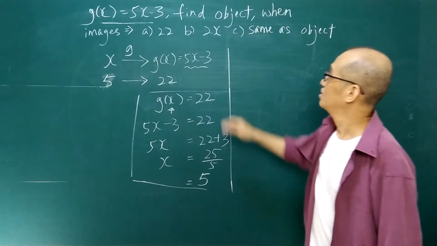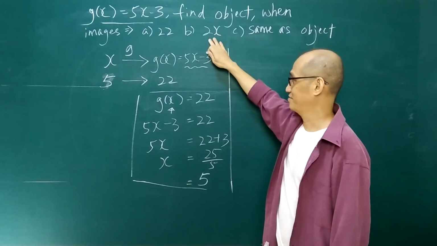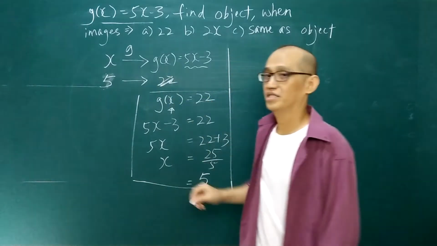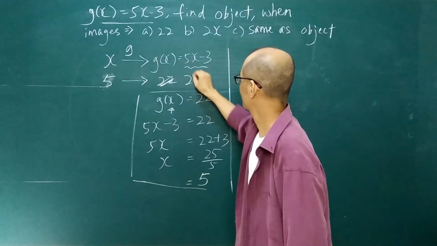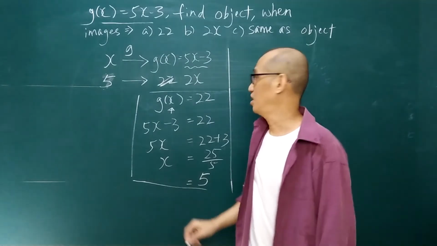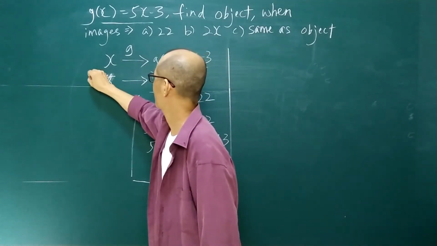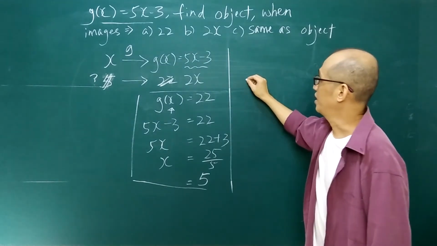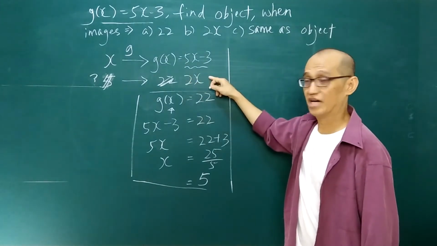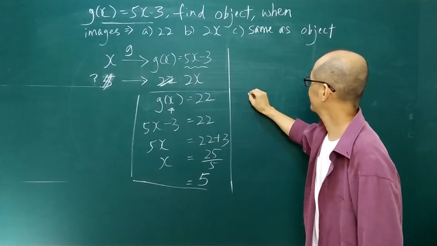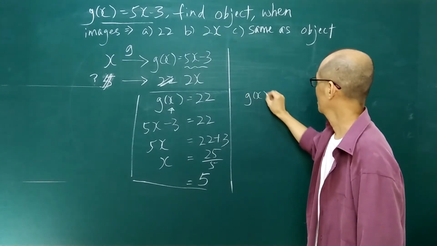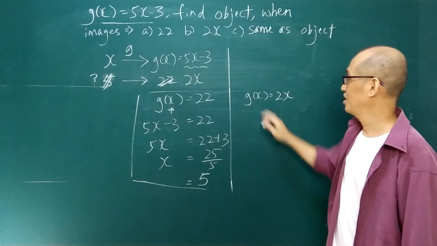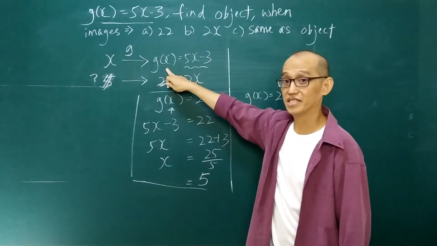Right, next, if the image is 2x, so here instead of 22, the image now is 2x. So what is the object here? So again, now the image is 2x, so g(x) is now 2x. Okay? g(x) is the image.